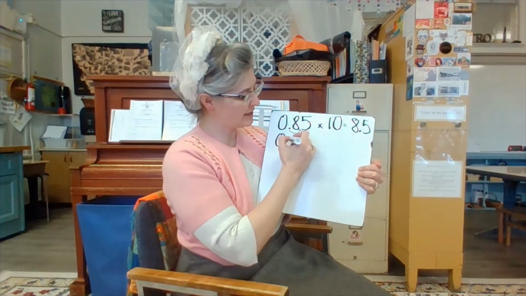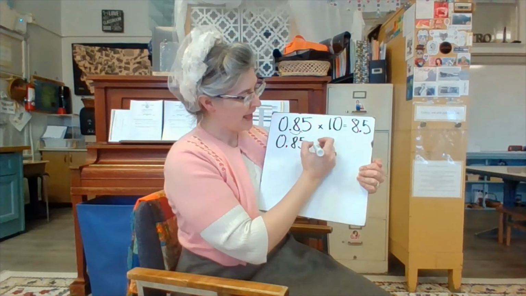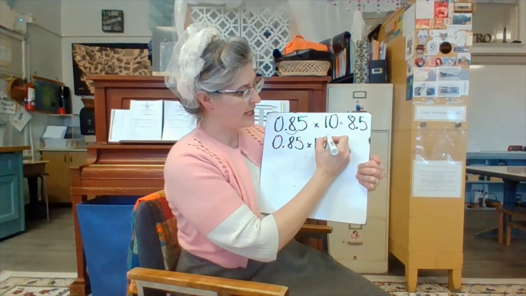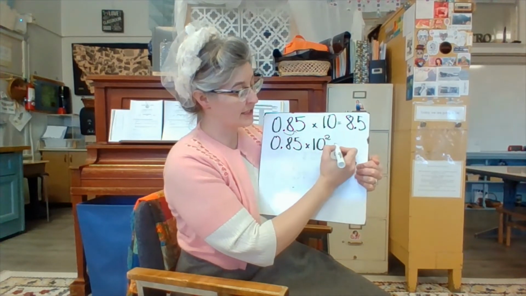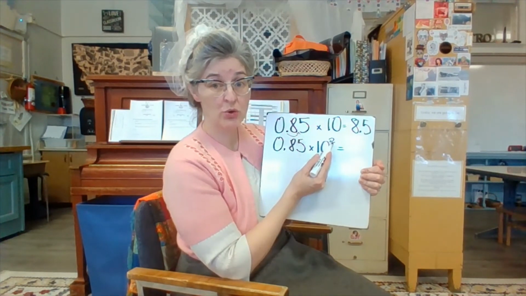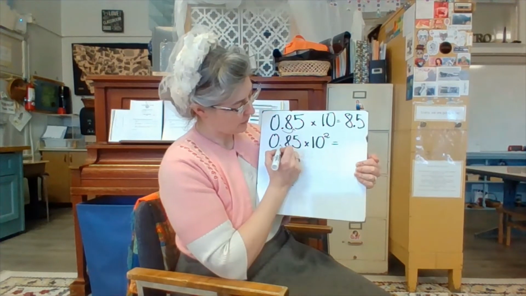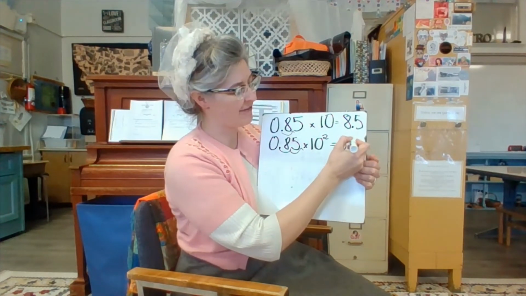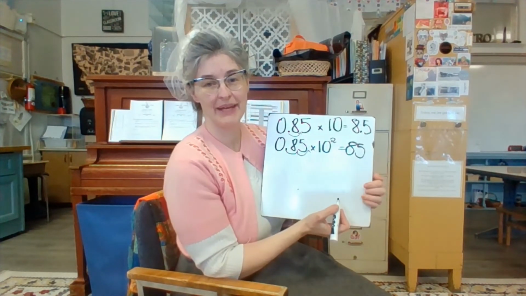If I take the same number and I multiply it times 10 to the 2nd power, I'm going to move it 2 spaces. 1, 2. Oh, that's just the number 85. It's a whole number now. Yay me.